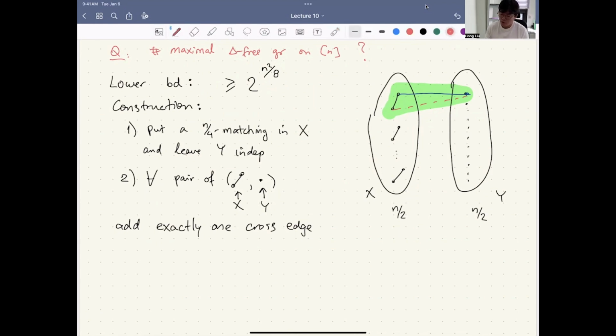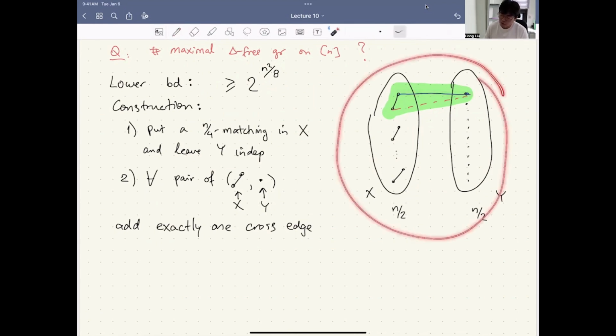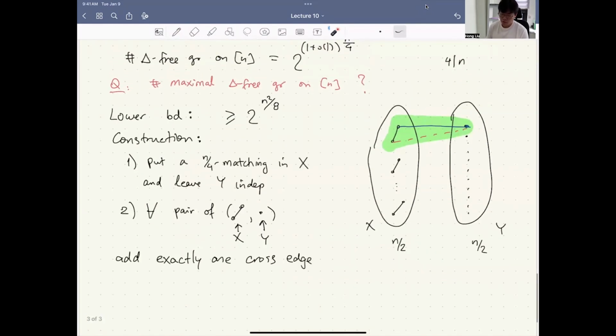Now, the final remark is that some of these ways of adding cross edges might not result in a maximal triangle free graph. But the X-Y cross edges are sort of saturated, in the sense that you cannot add any more cross edges. All the cross edges are of this form, between some vertex and some edge of the perfect matching, and if you add any more, you're going to create a triangle.